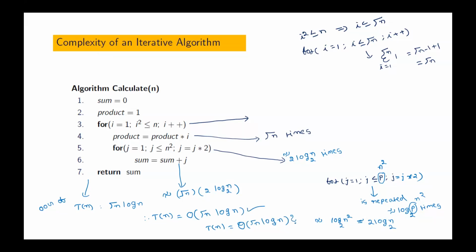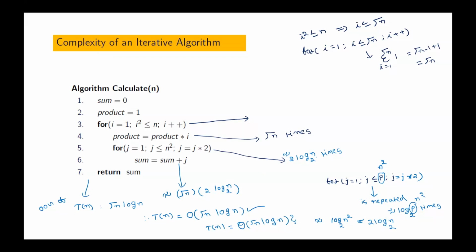Is it theta of root n log n or not? It is correct.